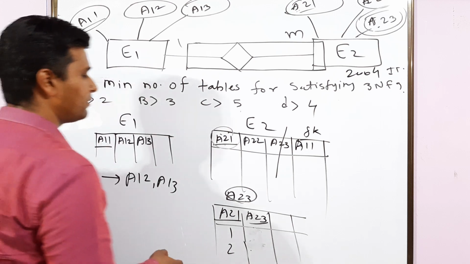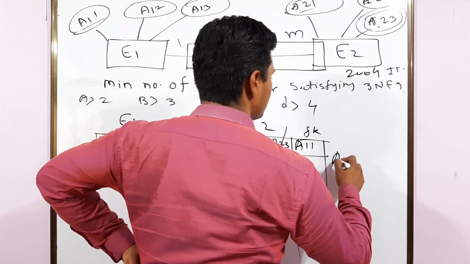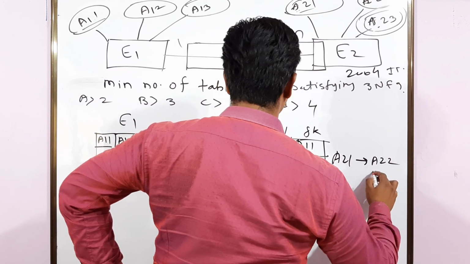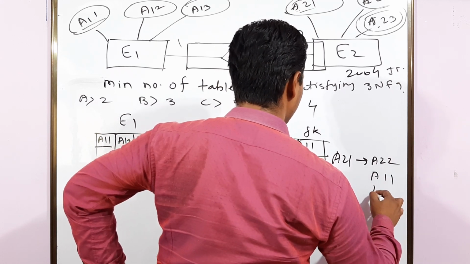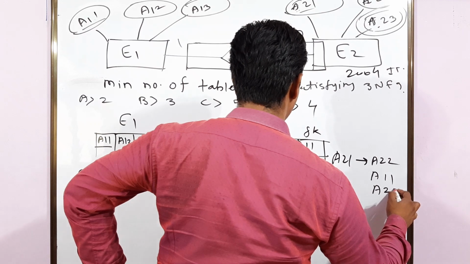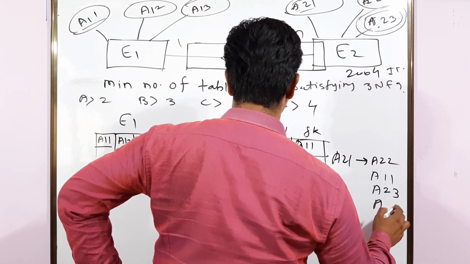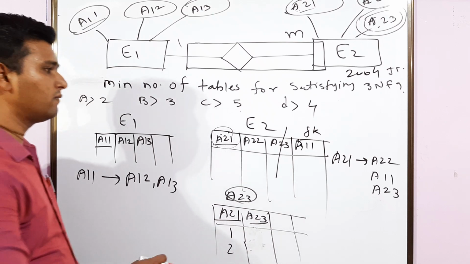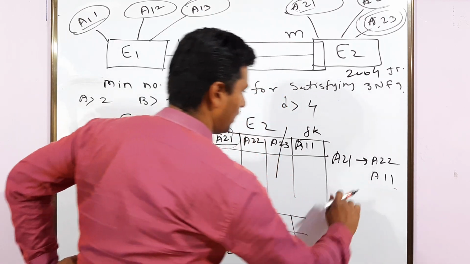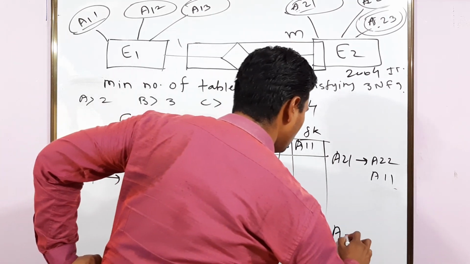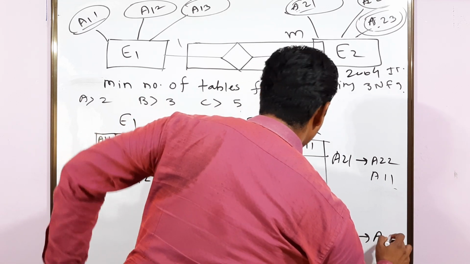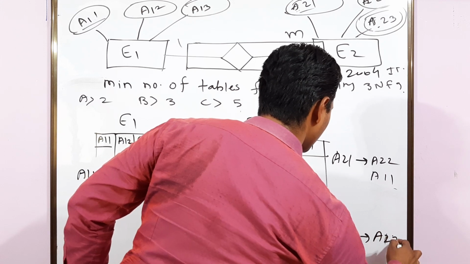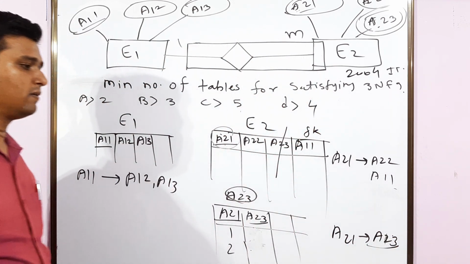In the second table, A21 determines A22, A11 and so on, so it is determining all attributes. A23 is not here, as we have decomposed it. In the third table, A21 again determines A23, because this is the multi-valued attribute we decomposed.